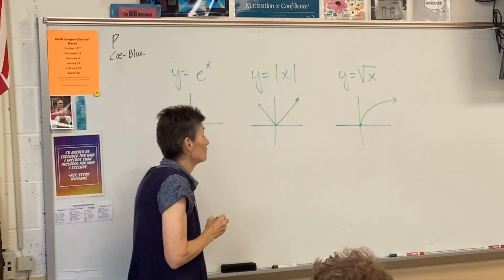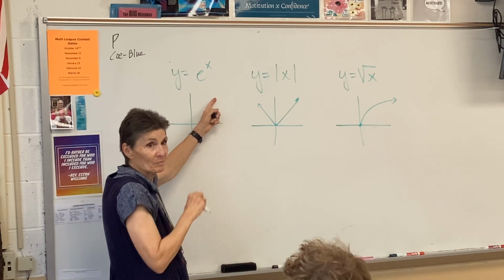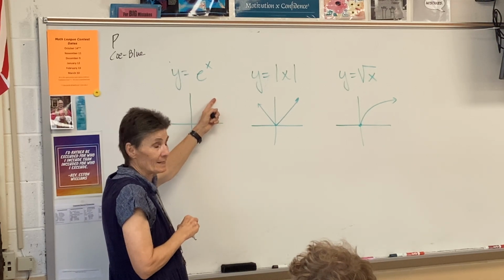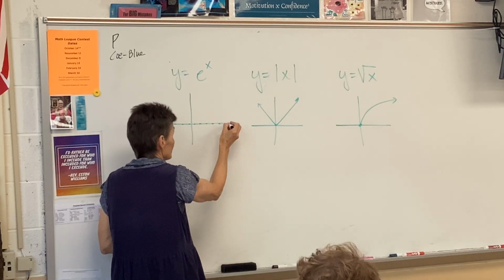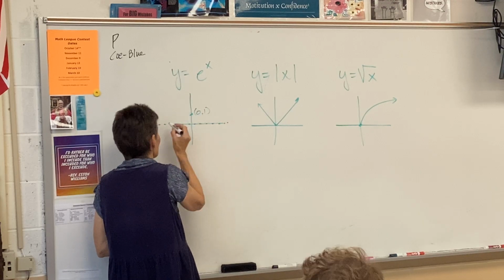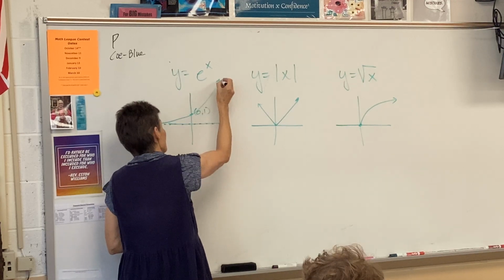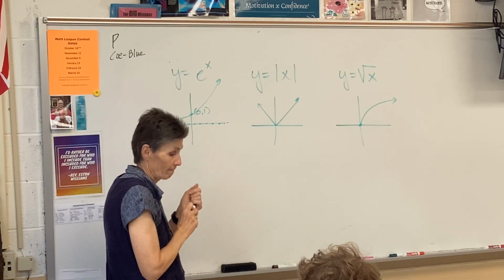That's the square root. Which one's this? This is the exponential, and it's a little harder. You have an asymptote here. You have the 0.01, and then you have the picture that looks like that.